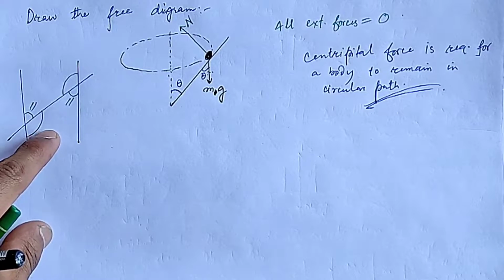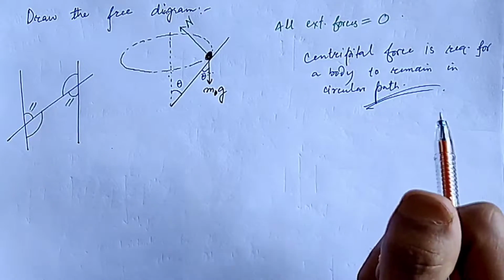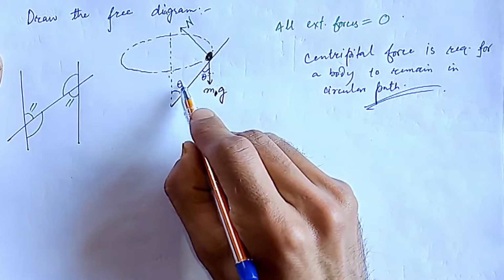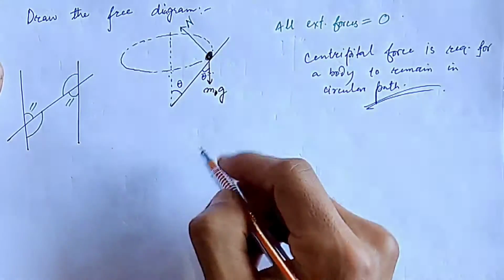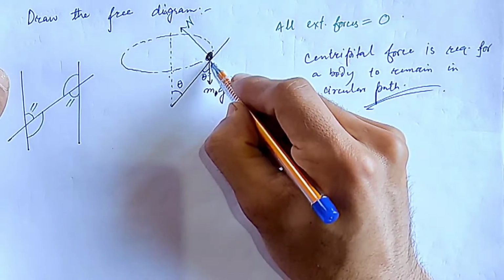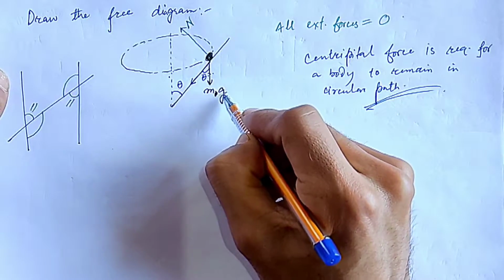This is a mathematical formulation. You have already seen these things in the earlier classes as well. So this angle is theta, this angle is theta. So here the component will be this, and this will be the cosine component of mass times gravity.